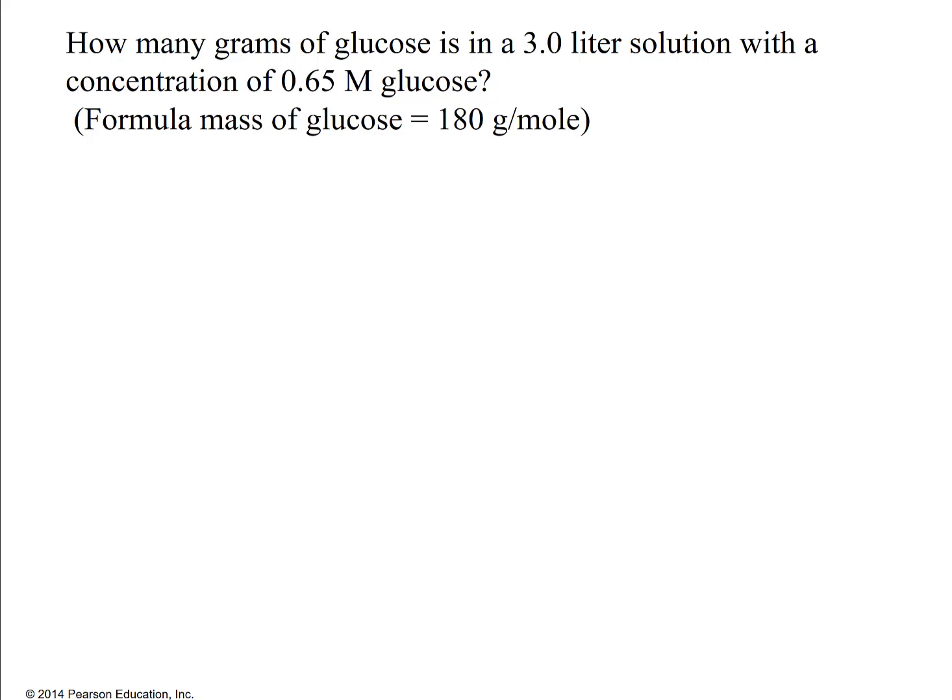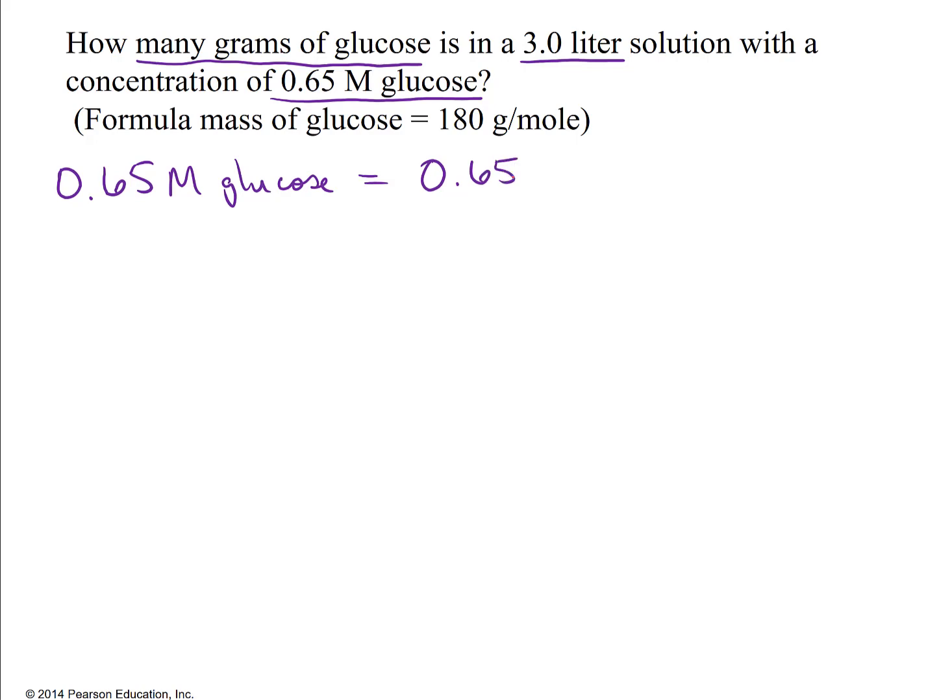This one says, how many grams of glucose is in a 3-liter solution with a concentration of 0.65 molar glucose? So I have 0.65 molar and a volume, and I want to know how many grams. What does that big M mean? 0.65 M glucose means 0.65 what?